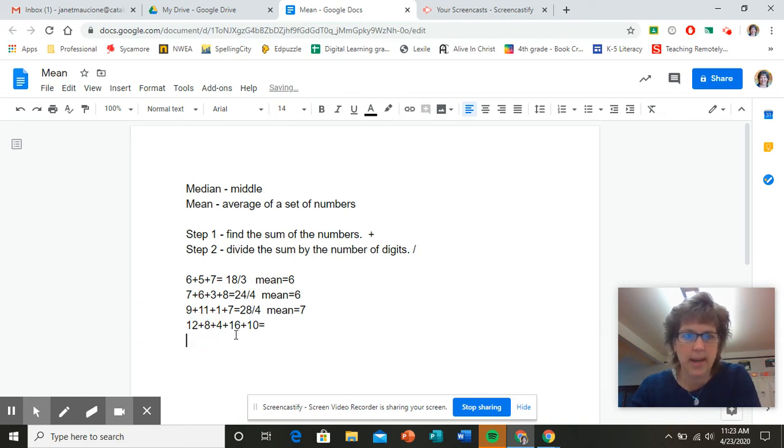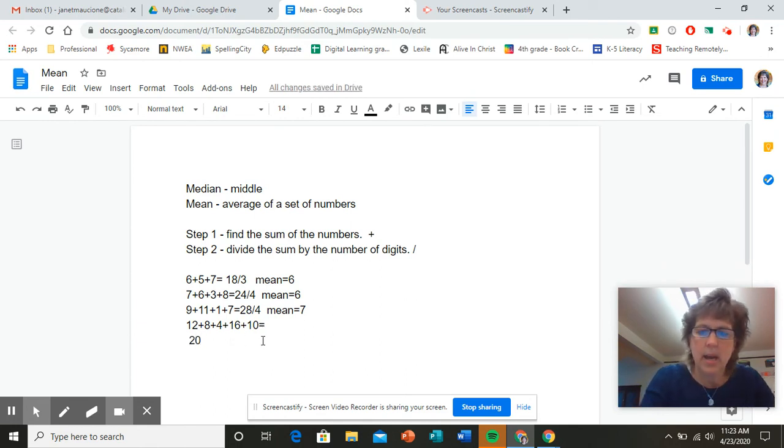Those two numbers equal 20. I know a combination between 4 and 6 makes 10. These two here give me 20 again, because 4 plus 16 is 20. And then I'm going to add 10.